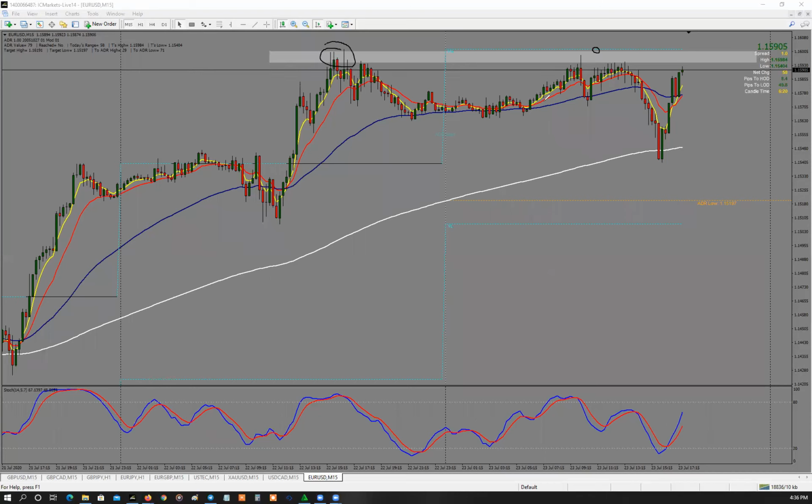So we have a structural M here, and another structural M over here. If you look at the higher time frame, this is the first leg M, second leg M. But both failed.